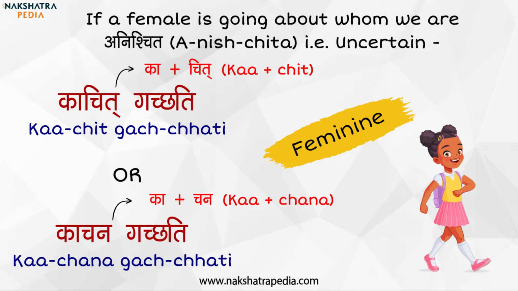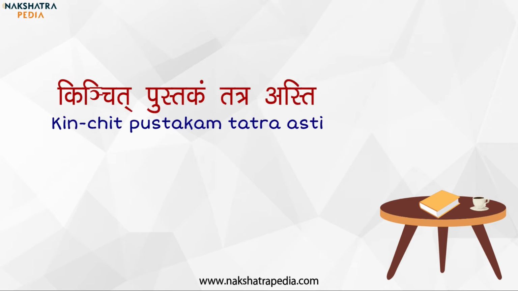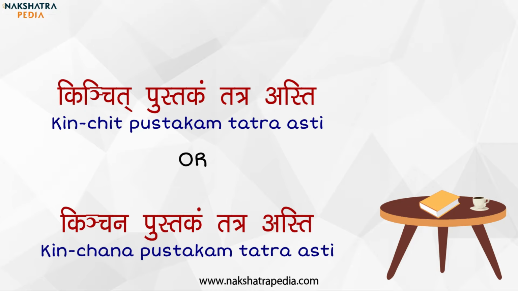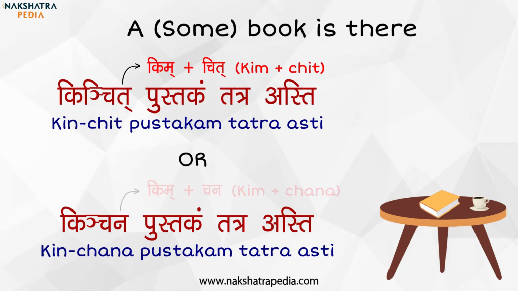In the same way, for neuter, we can have a sentence like Kinchit or Kinchana pustakam tatra asti. That is, a book is there, but we are not sure which book that is. So Kinchit is Kim and Chit joined, and Kinchana is Kim and Chana joined.